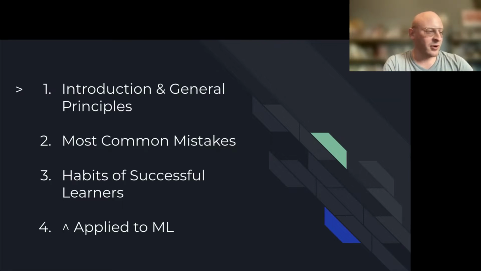And then we're going to go through some habits that have proven very successful in people who've made it out the other side of the AI group at DG. And then finally, we're going to take all the things from the previous sections, which are applicable to basically any subject, and apply those specifically to ML and what that can do for you.